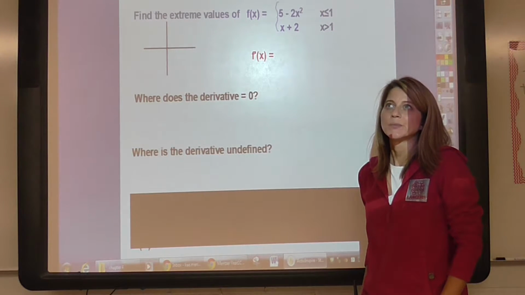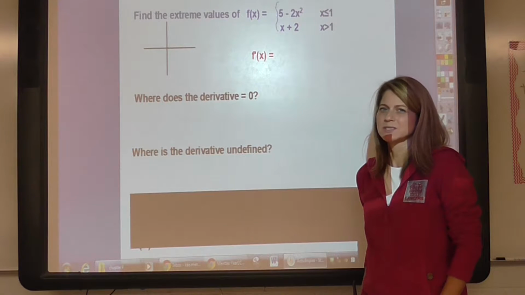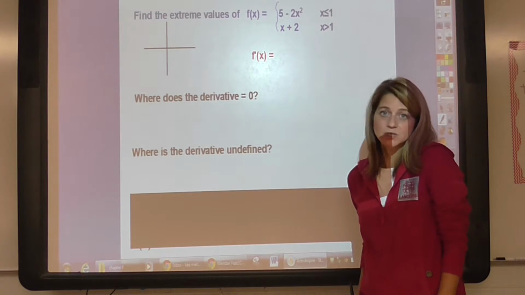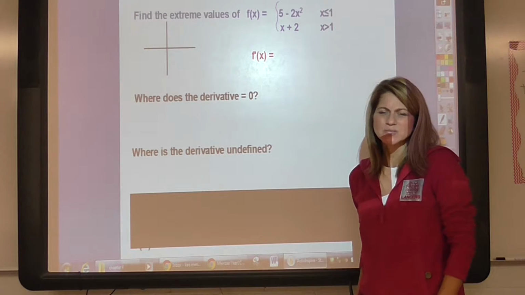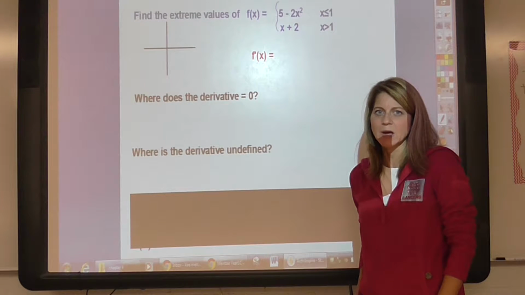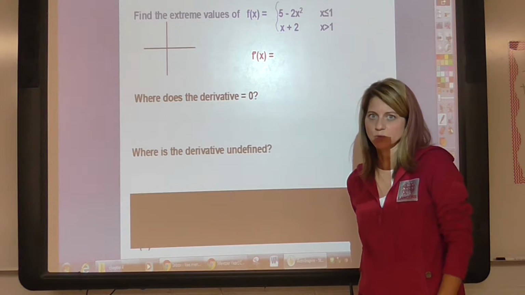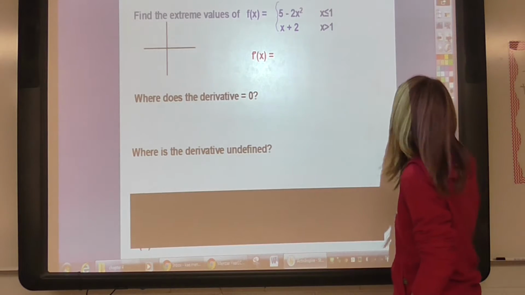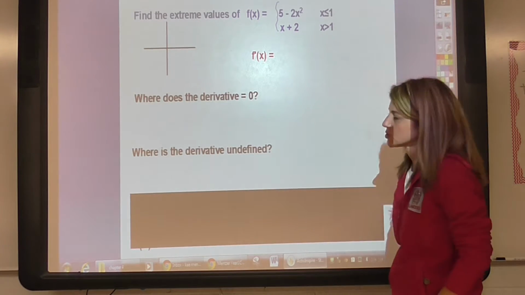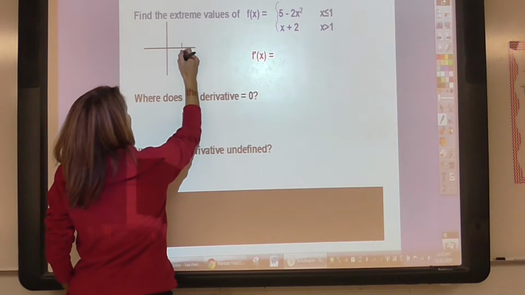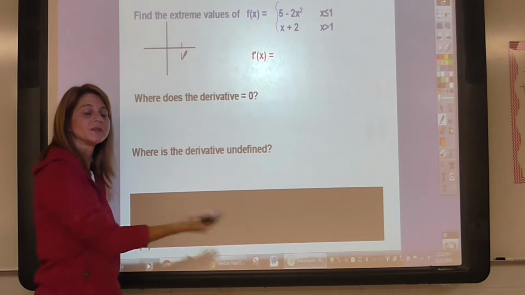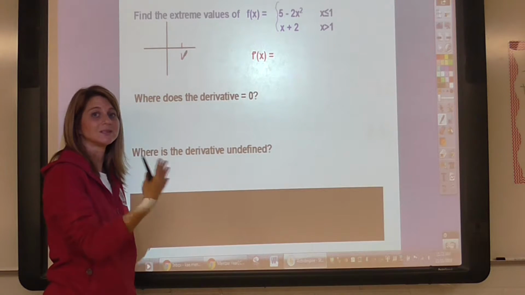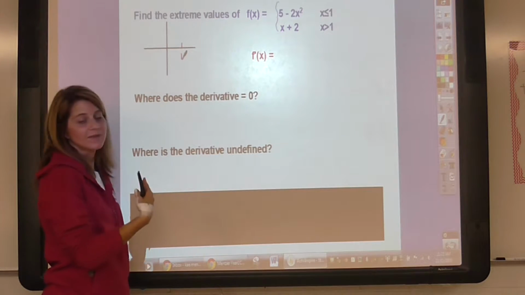Okay, you don't have to sketch this, and I'm certainly not going to get a great sketch. That's okay. But I'm going to sketch it and just see what happens so you have a visual. Maybe it'll make more sense. I know something's going to happen at x equals 1. On the left of x equals 1, where it's less than 1, we have a parabola.